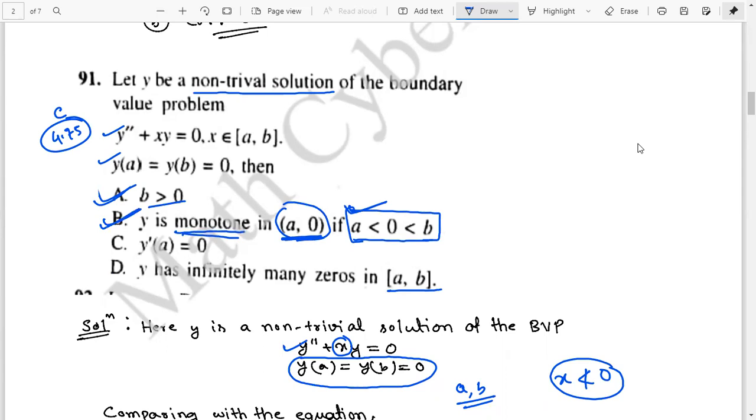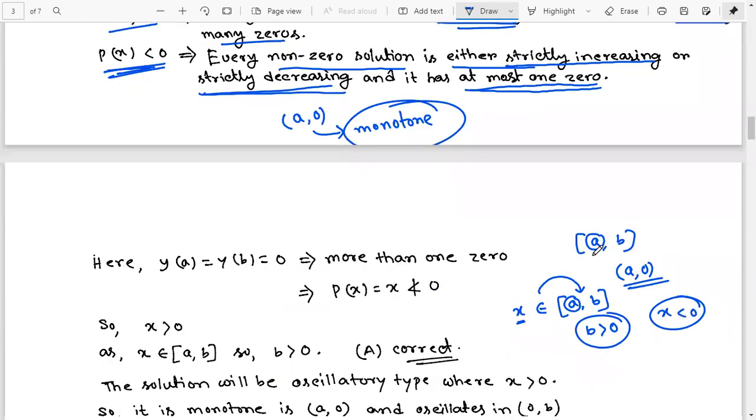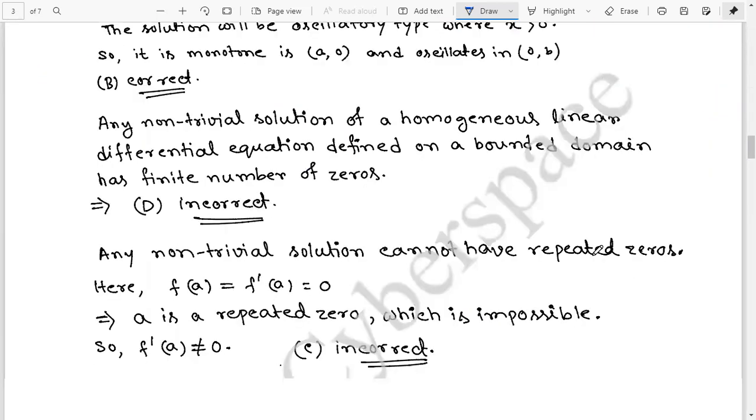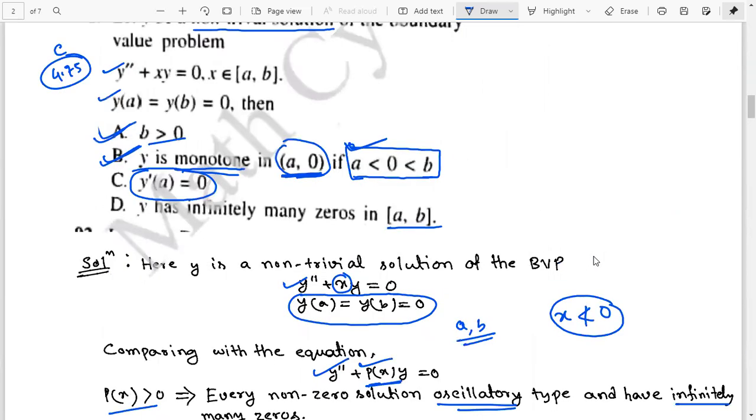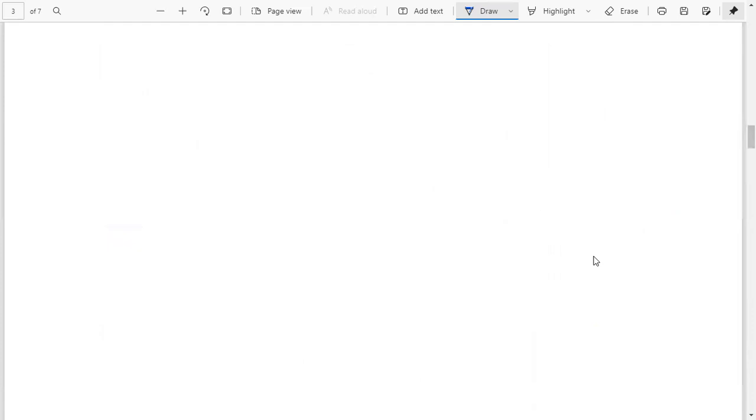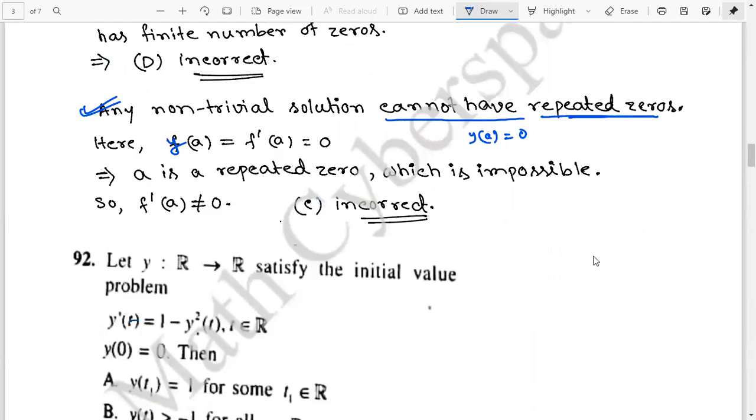Option C is saying that y'(a) equals 0. Let me show you here. Any non-trivial solution cannot have repeated zeros. And we already have that y(a) equals 0, and here given y'(a) equals 0.